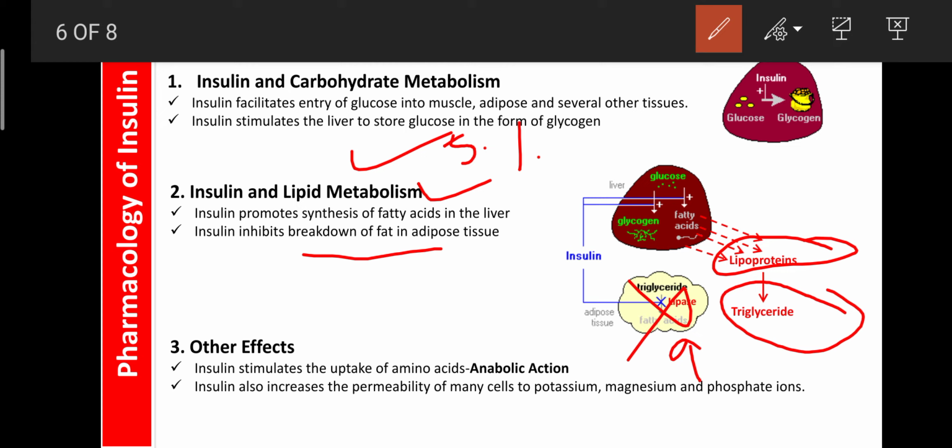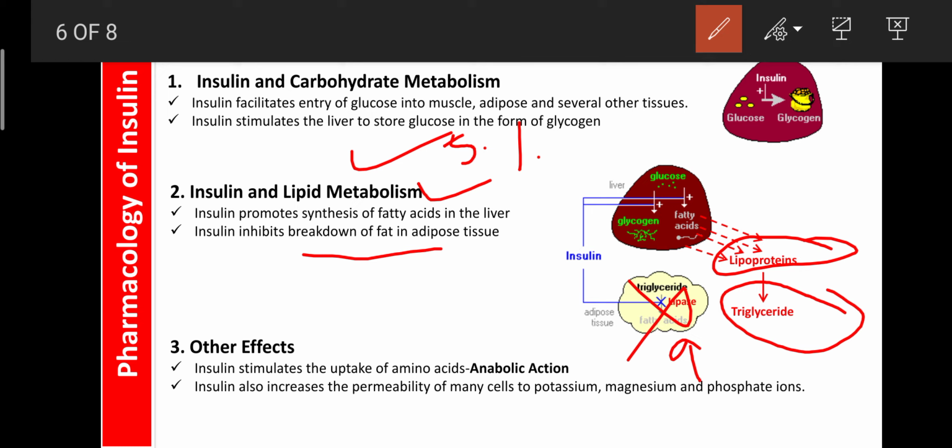Due to that, it produces deposition of fat in the tissues, so the person suffers from weight gain or obesity. Dear students, those on insulin therapy gradually gain body weight, day by day, because of this mechanism.